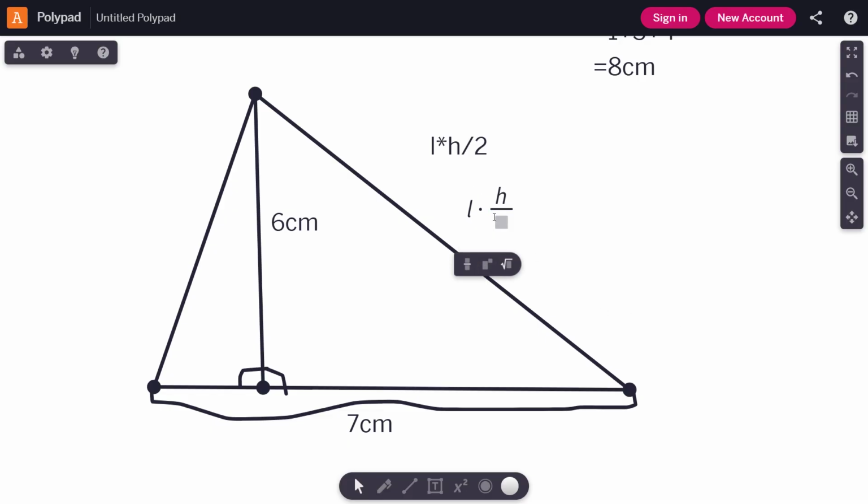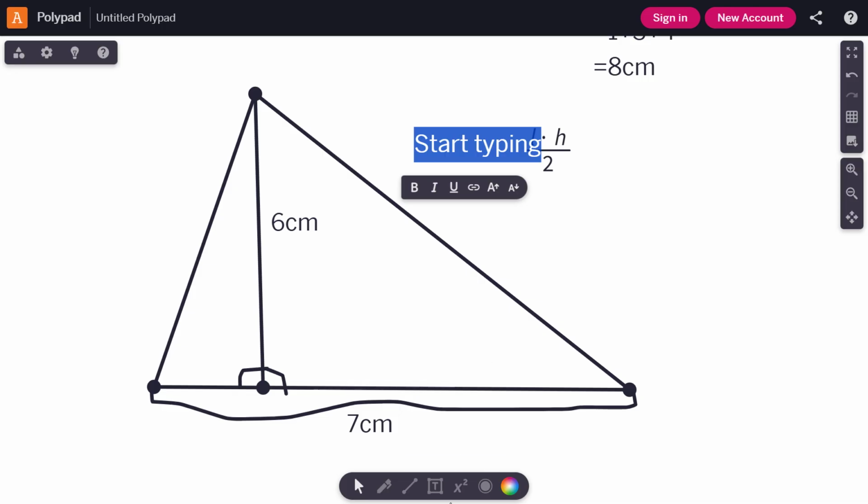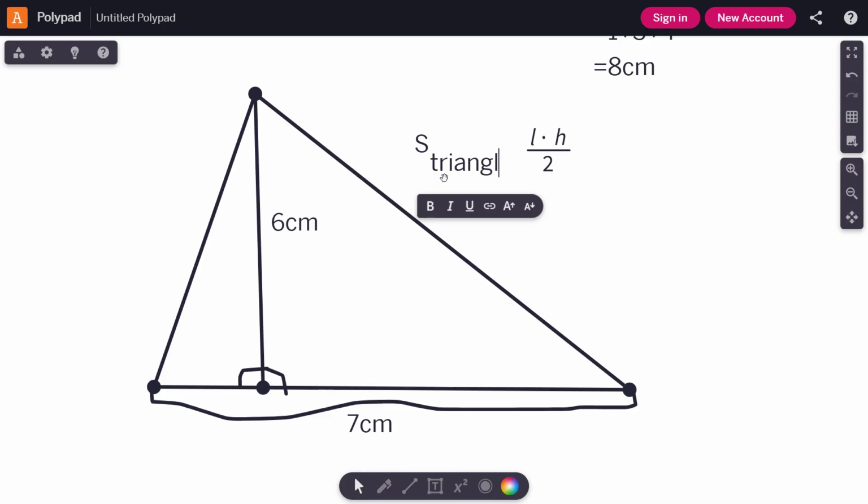You're going to see in an equation, the dot actually means multiplying in equations and algebra. The formula for triangles, we use S for area, and then we have, let's say, triangle.